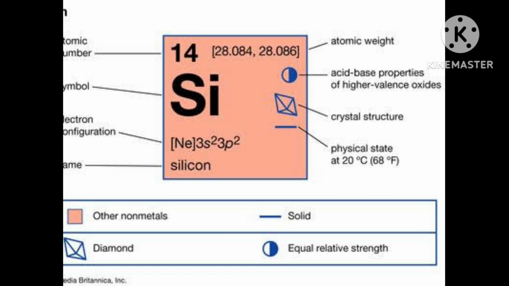If 6 chloride ions come, then 3 into 6, 18 pairs of electrons will be there. They will come around the silicon, and silicon is small. Then these electrons will repel each other.